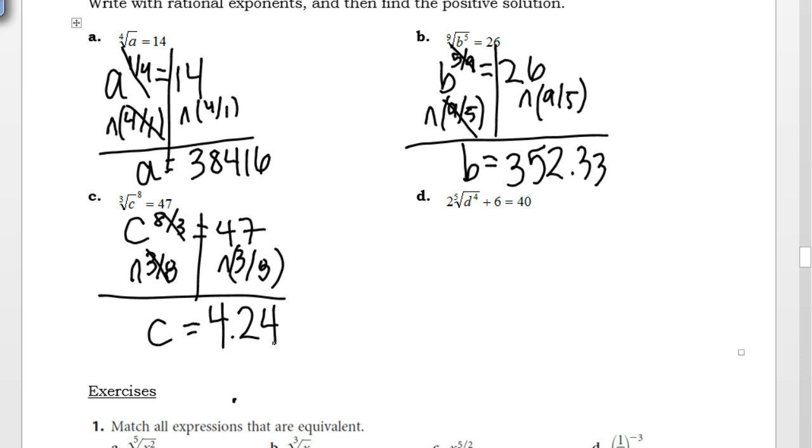My last example has a little bit more to it, but I'm going to still use my traditional methods for solving. I'm going to undo my +6 using a -6 on both sides of the equation. I'm going to undo my ×2 by doing a divide by 2 on both sides of the equation.